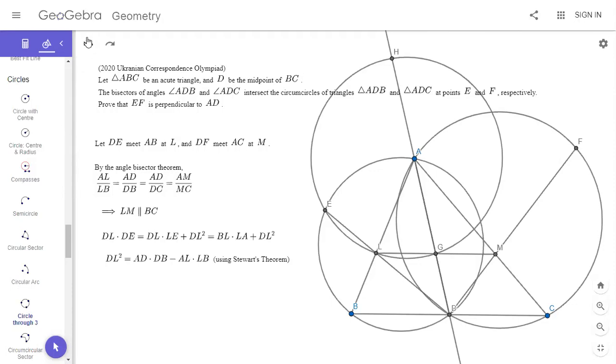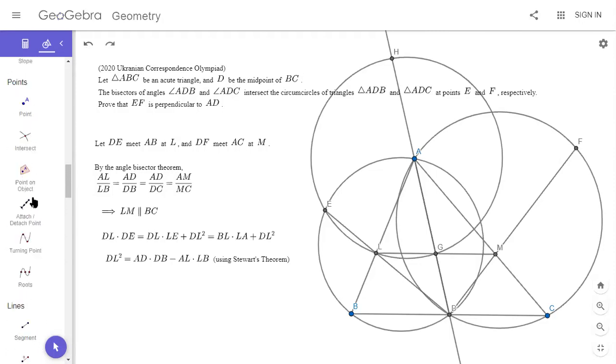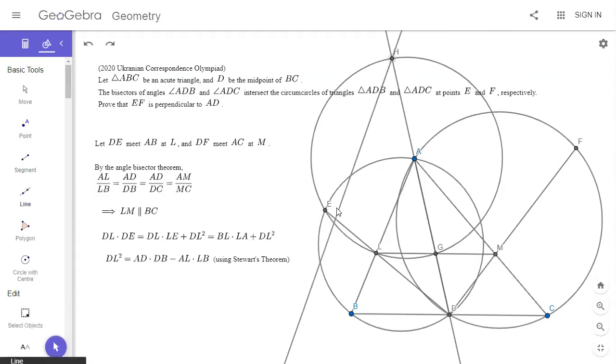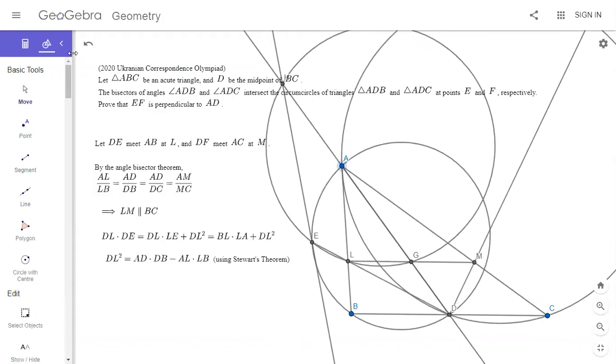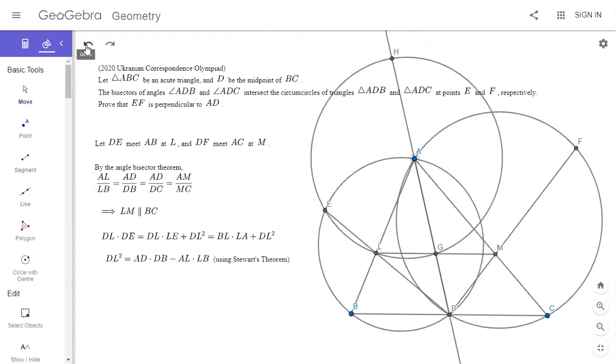Is AL parallel to HE? Could be. No. HFD isn't 90.